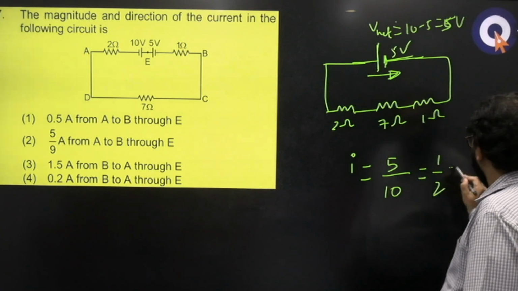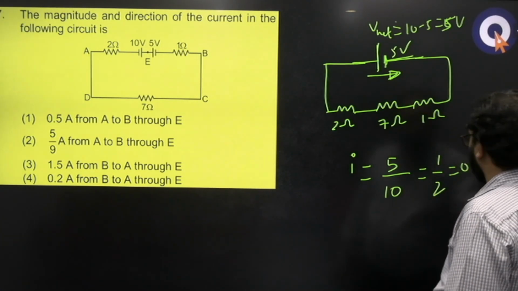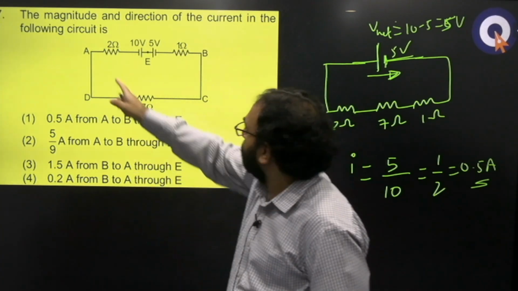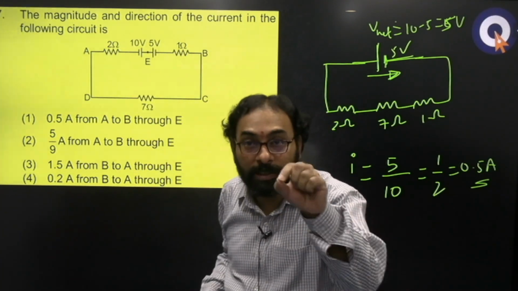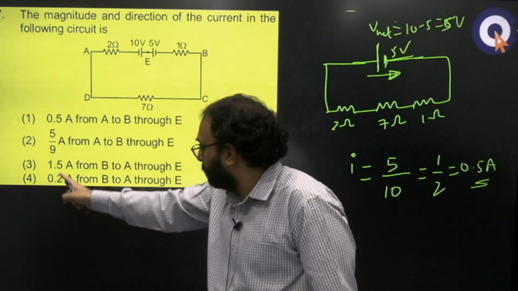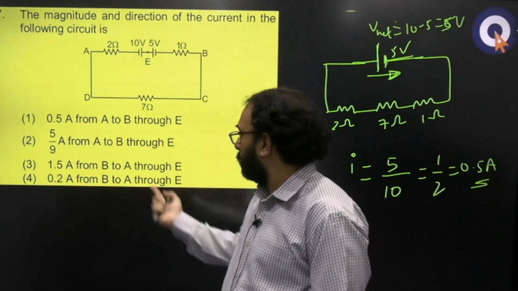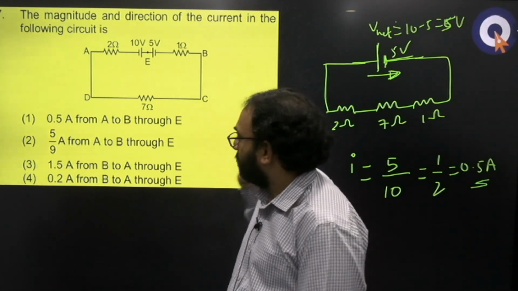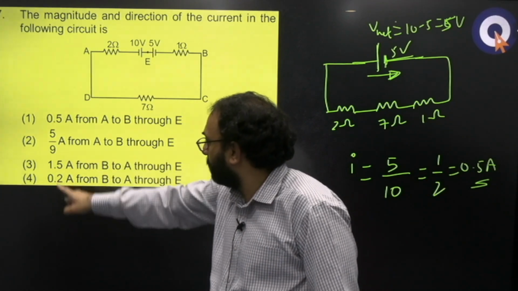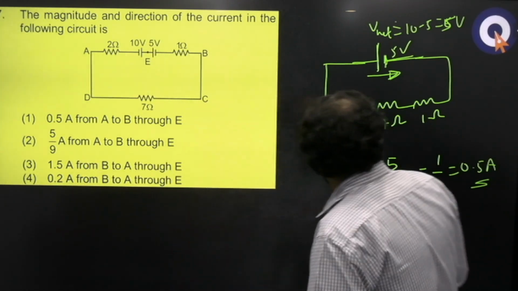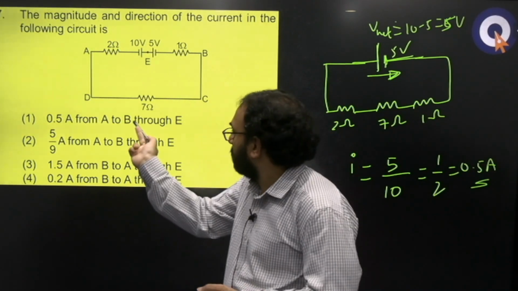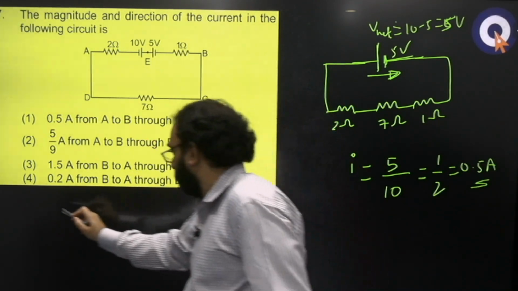So 1 by 2, that is 0.5 ampere is the magnitude of current, and the direction of current is from A to B through E. The other options are 1.5, 5 by 9, and 0.2, so that doesn't match the obtained answer. The required answer is 0.5 ampere as per the calculation. The first option is the suitable one.